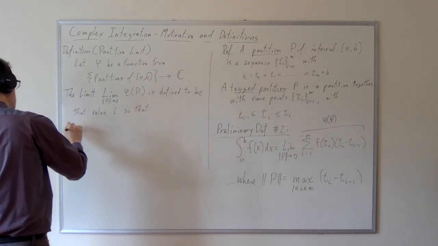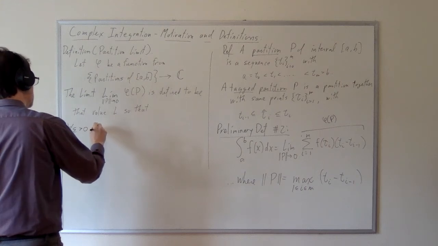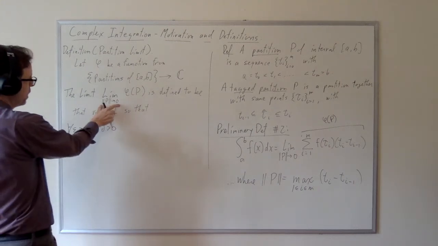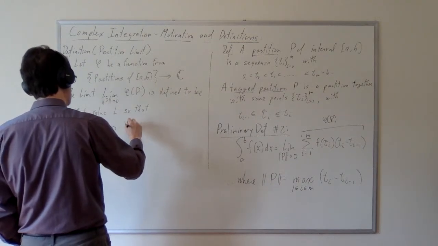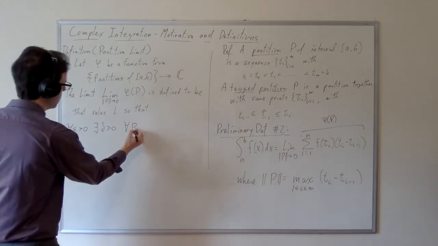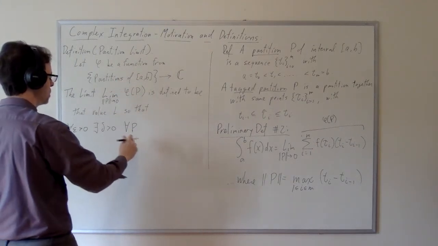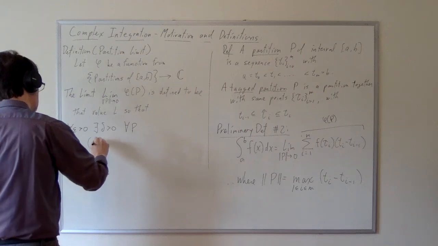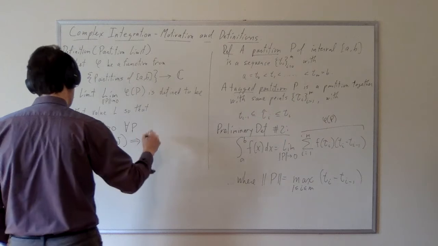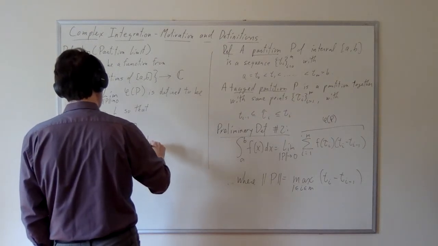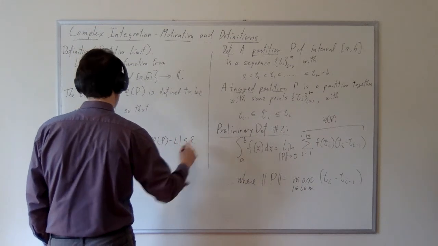So for every epsilon greater than 0, that is how close to L you want to get, there exists a delta greater than 0, that is how small the norm has to be, so that for every p, and I'm not going to quantify this, that is for every partition of [a, b], if the norm of the partition is less than delta, then the distance between phi of p and L is less than epsilon.